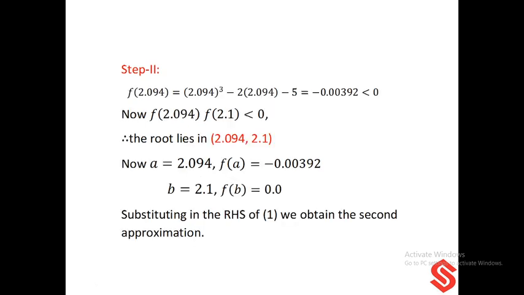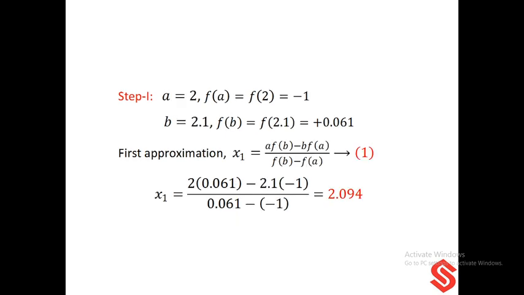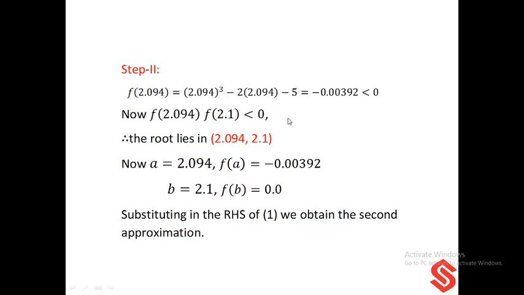Next, second step. In the second step, we substitute the value of x1, that is 2.094, in the given function, that is f of x is equal to x cube minus 2x minus 5. We substitute x is equal to 2.094, we get minus 0.00392, which is negative.